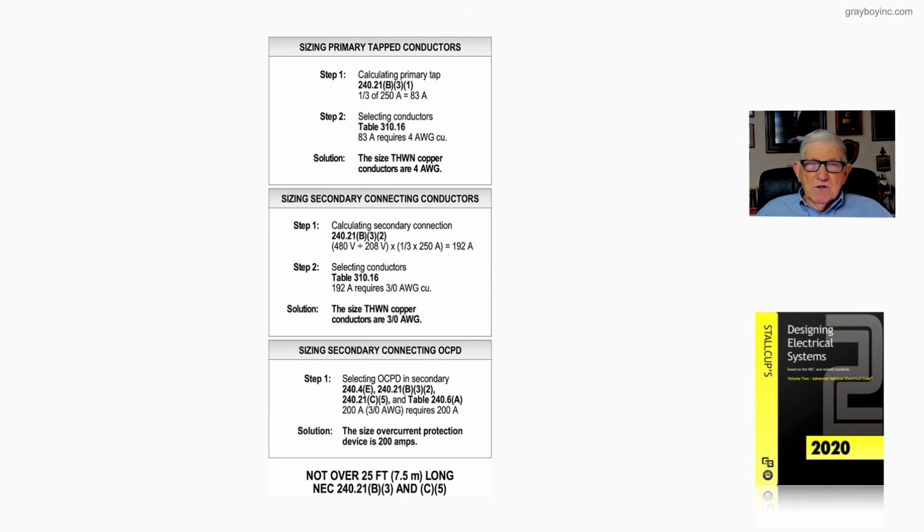All that plus the transformer has to be within the 25 foot rule that we see in 240.21(B)(3) and 240.21(C)(3), and that's what our figure 20-36 is illustrating.